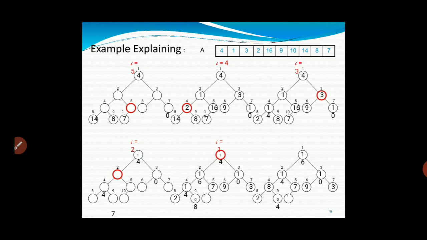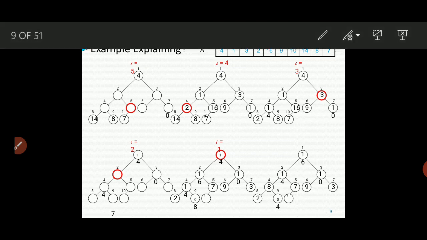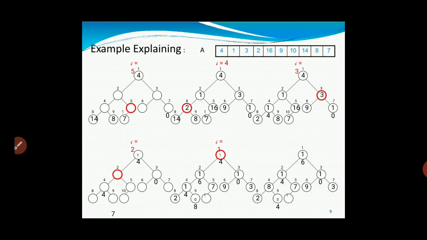If i is 5, then the fifth index value is 16, the red circle, and the fifth node value is 16.